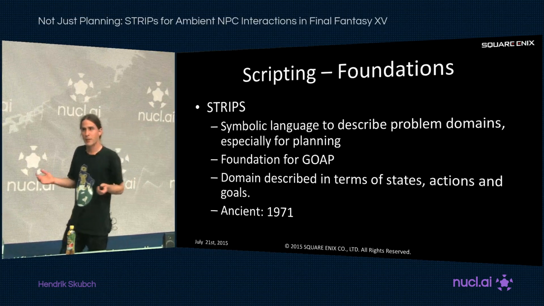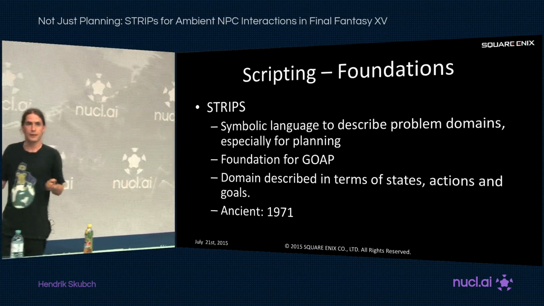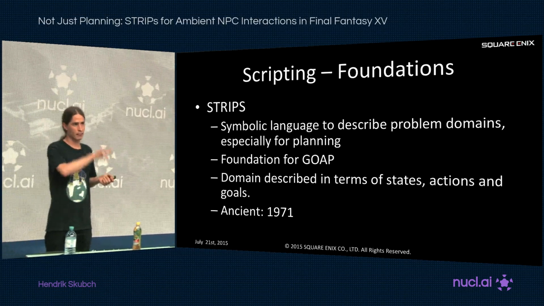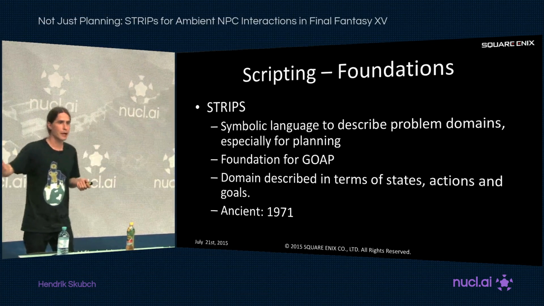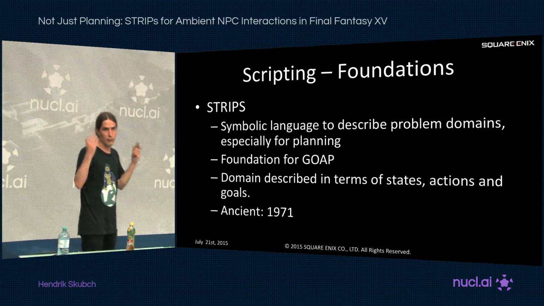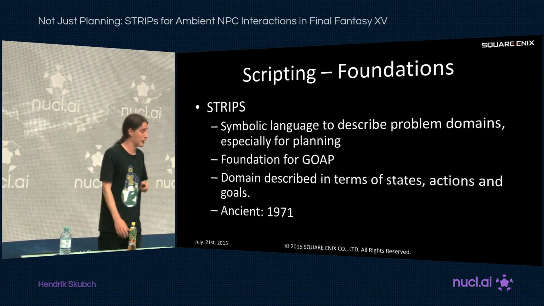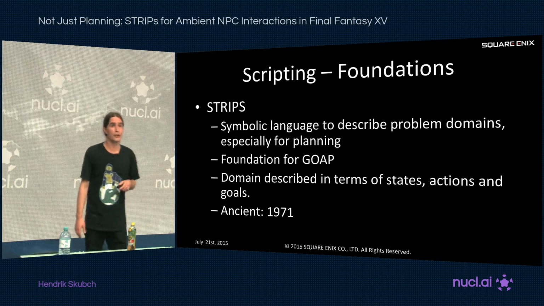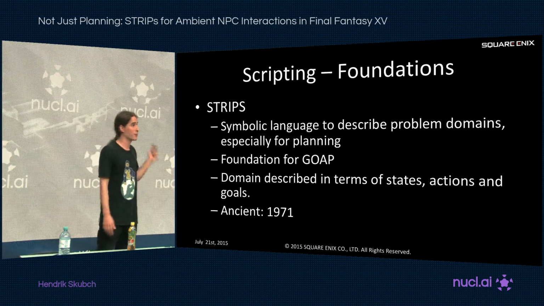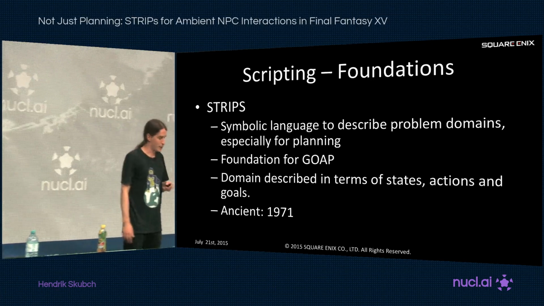And it describes domains basically in terms of states, actions that lead from state to state, and some goal conditions that states should satisfy in the end. The whole approach is absolutely ancient. The first paper was published in 1971, so it has been around for a long time.